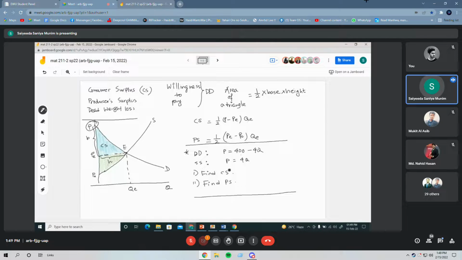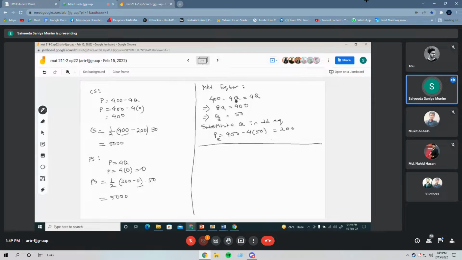So this is our question. We have demand and supply equation. We have to find the consumer surplus and producer surplus. The formula is given here. So first we need to find the market equilibrium, equilibrium quantity and equilibrium price. Once you find your equilibrium price and quantity, we move on to consumer surplus.